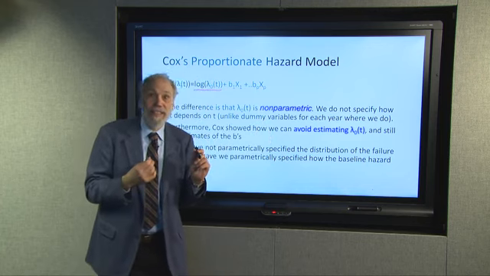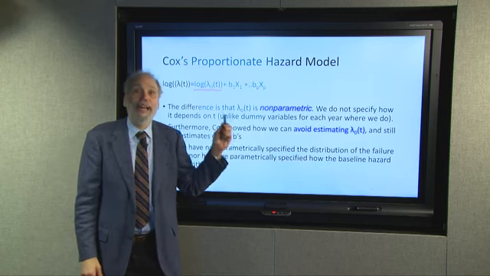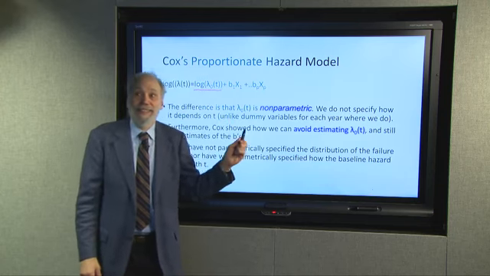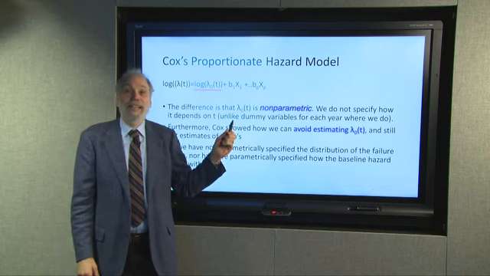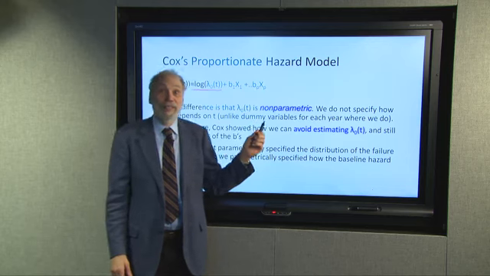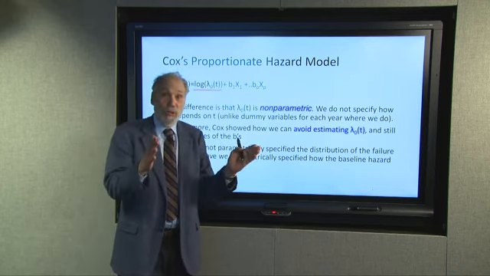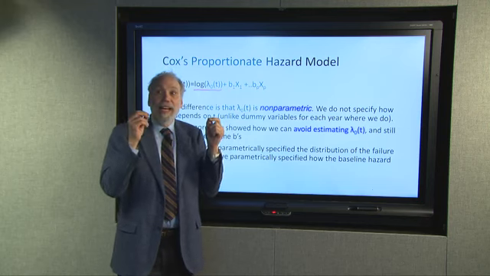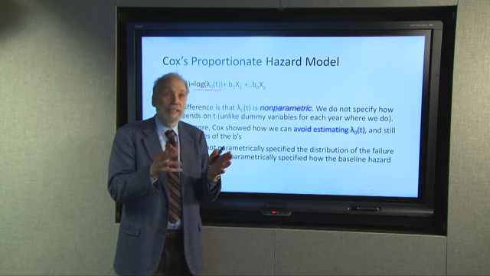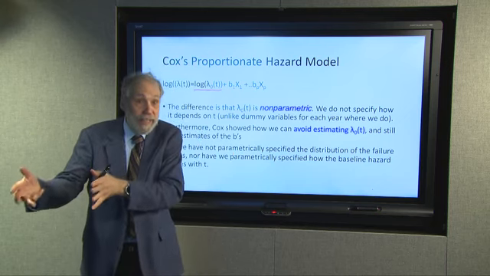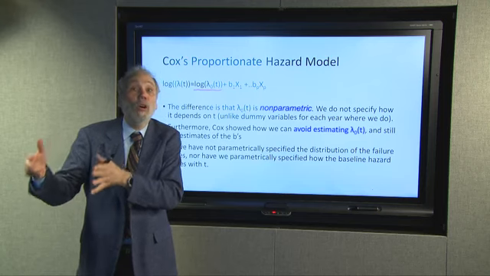What's the difference? Cox doesn't tell you what that function is. He's going to let it be estimated non-parametrically, and in fact, what he showed is that you could get unbiased estimates of your parameters of interest, the coefficients of the predictors of mortality, without estimating it at all.